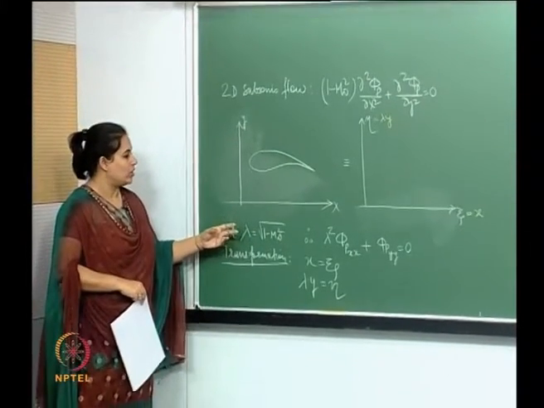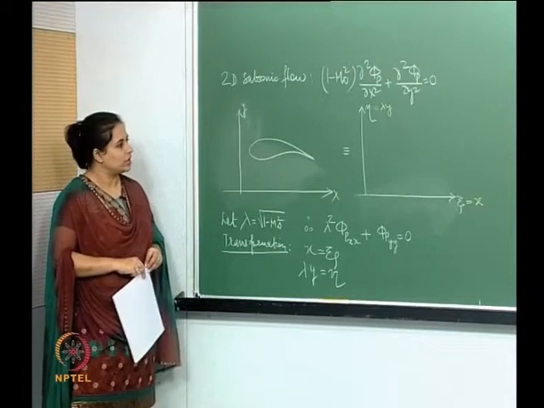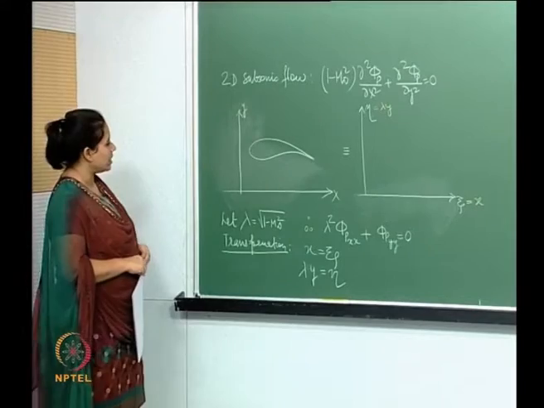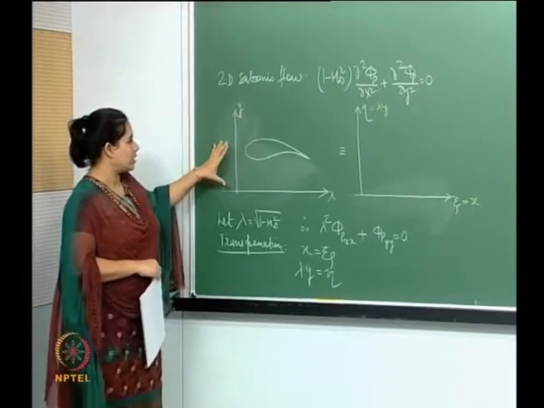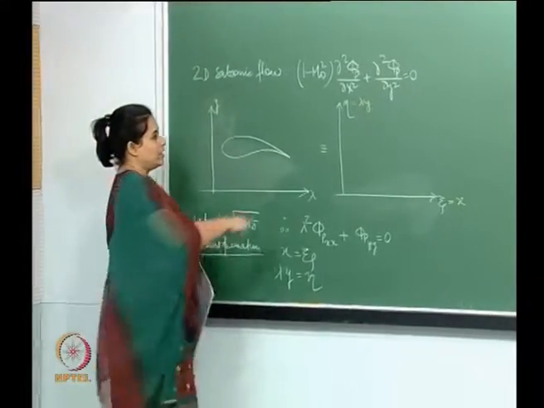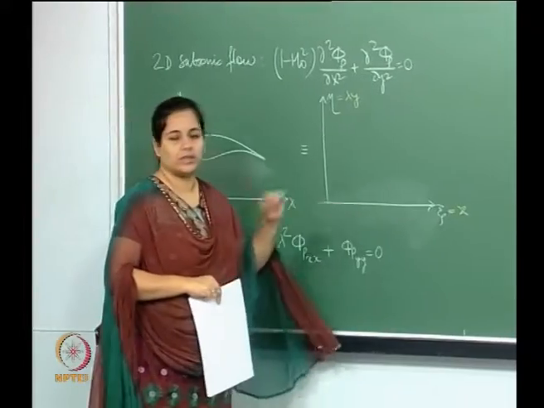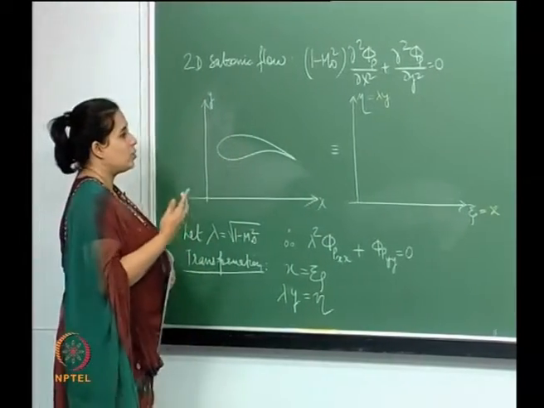So this is the transformation that we are trying to use here. If the y axis is connected to the free stream Mach number in this fashion, and the z axis remains as it is, then there are two questions.